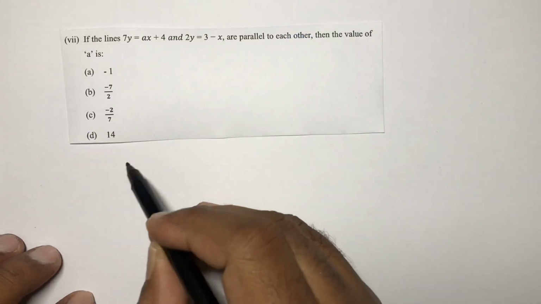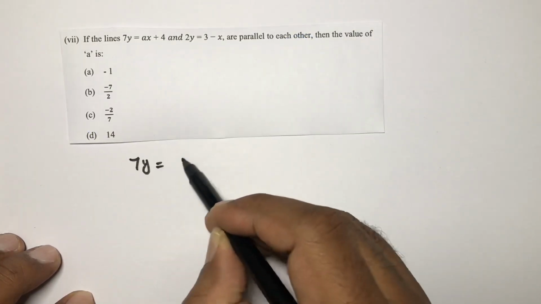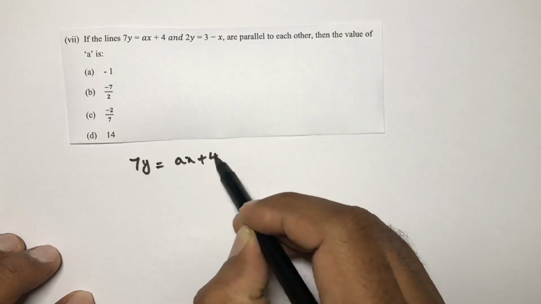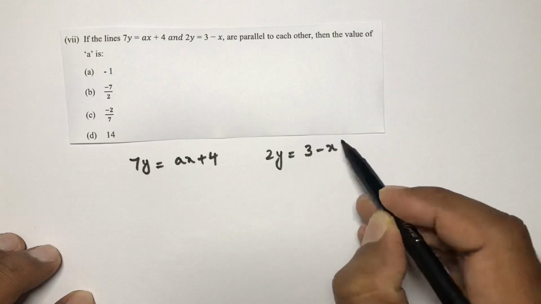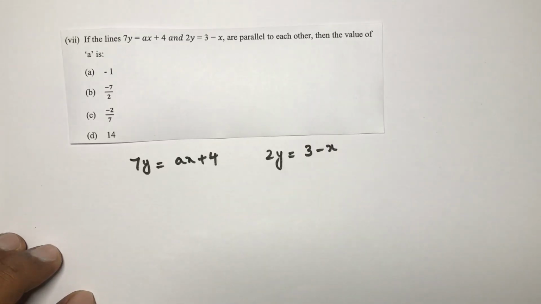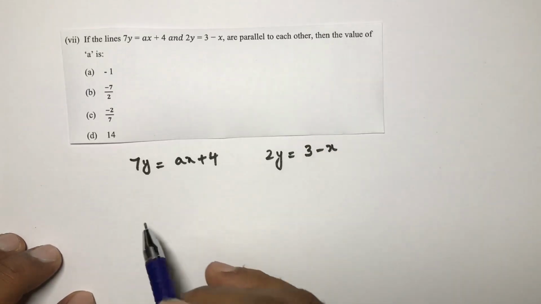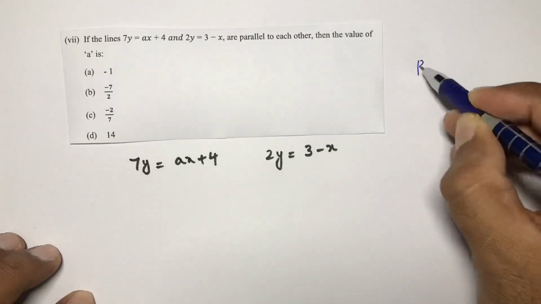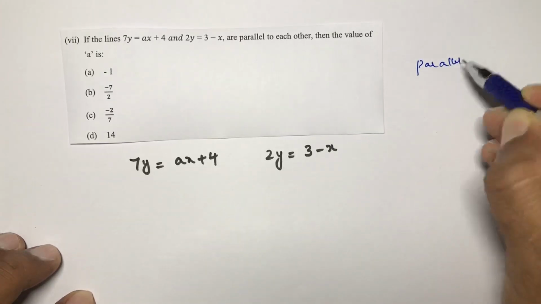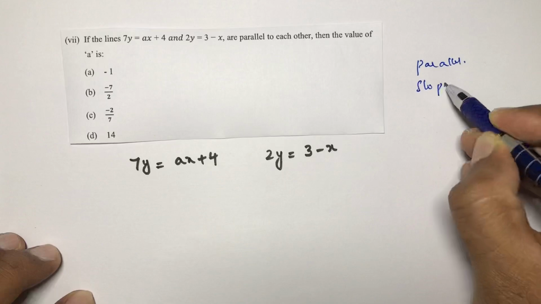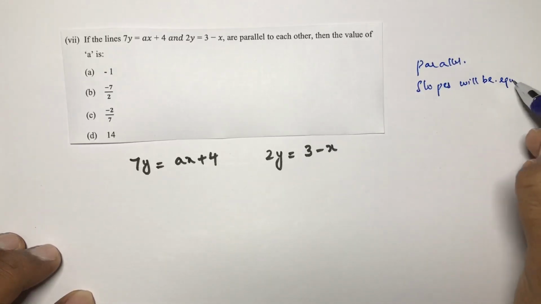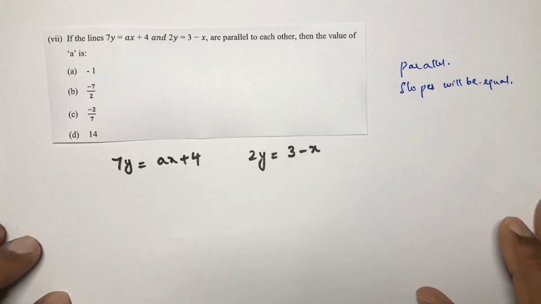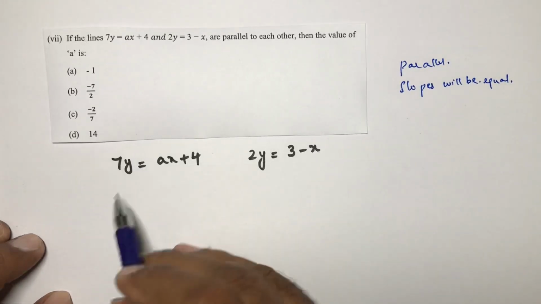If the lines 7y equals ax plus 4 and 2y equals 3 minus x are parallel, then we need to find the value of a. If the lines are parallel, then the slopes will be equal. So write in slope intercept form.